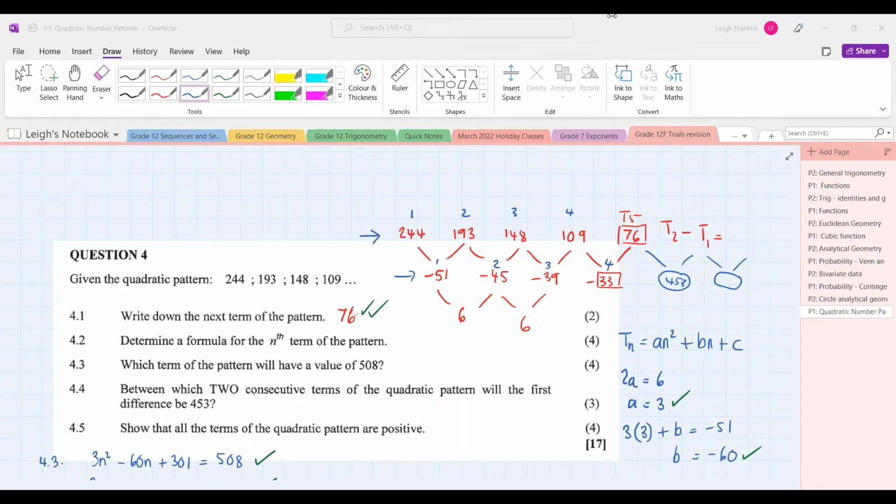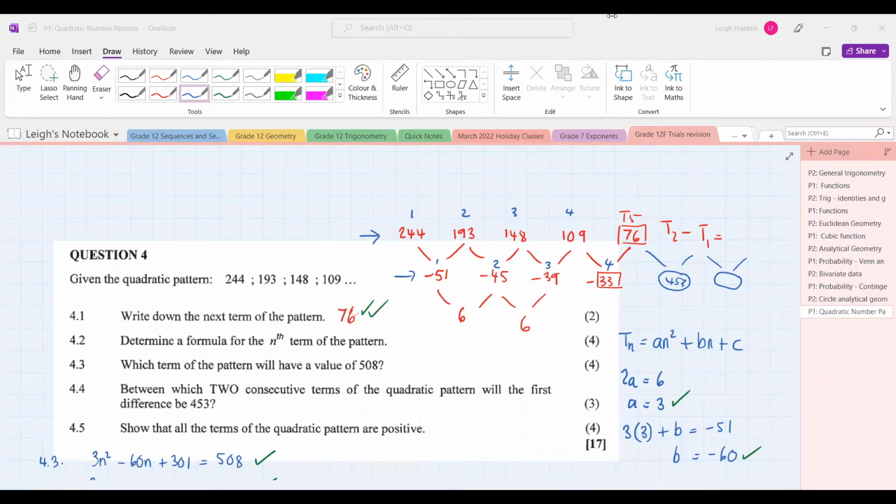Oh, there we go. That's a nice suggestion, Nick. You said make a new Tn using the first differences. Absolutely. Because what they're essentially telling us is that 453 is one of the outputs or one of the terms of the first differences. Yes, that's exactly what they're telling us. Between which two consecutive terms of the quadratic pattern.